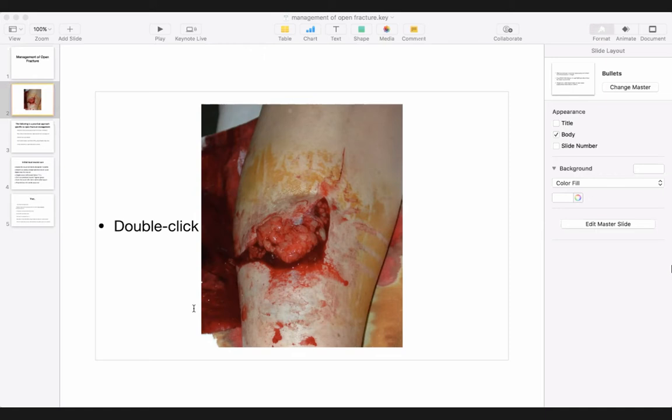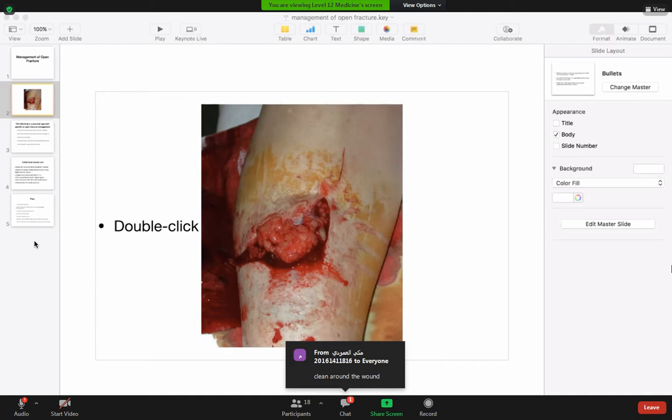Assessment of the injury and the contamination. So you move on to the physical examination. You check the vitals, you check the general status of the patient, and then you do local examination of the affected limb.